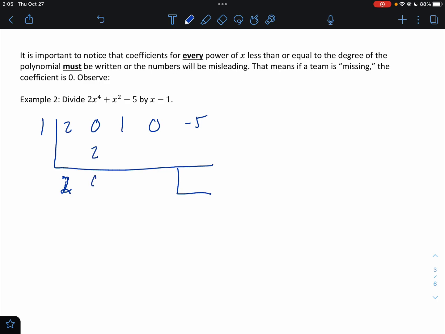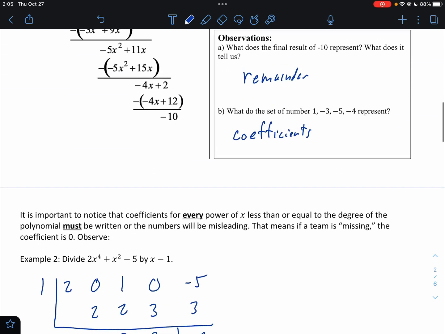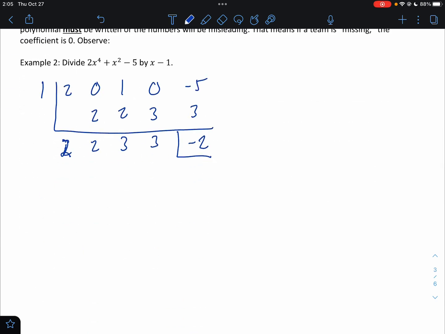Multiply, add, multiply and add, multiply and add, multiply and add. Ooh, there we go. So our final answer when we divide here is going to be 1 less than this degree. So it's going to be 2x cubed plus 2x squared plus 3x to the first plus 3 minus 2 over x minus 1.